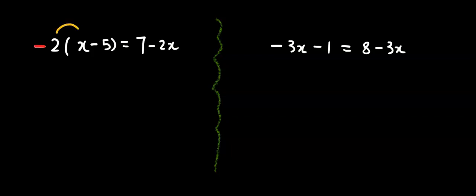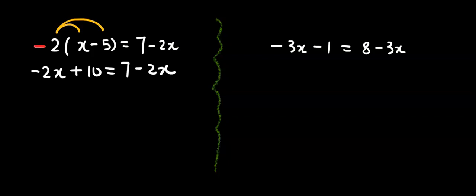I'm going to do distributive property. Distributive property gives me negative 2x plus 10 equals 7 times 2x. And then I'm going to either minus 10 or minus 7, does not matter, from each side. Let's try, we can minus 7.